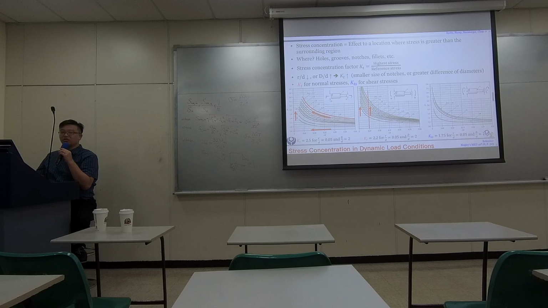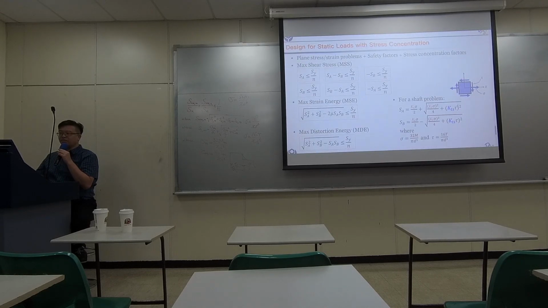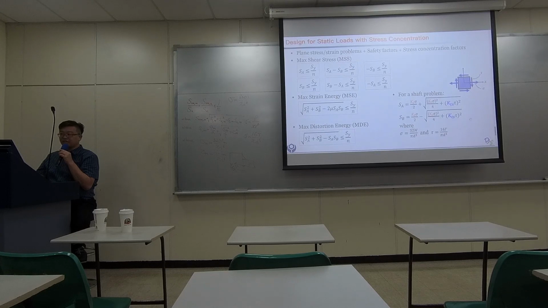But if it also has twist and you need to see how much shear you have, then for the shearing part, you are checking the third table. Okay. So that's how you implement stress concentration in the static model.